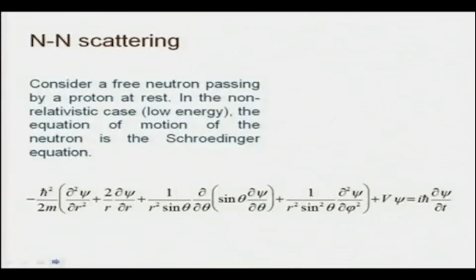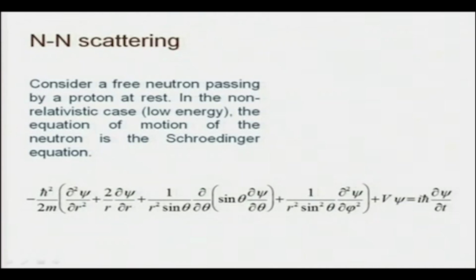So, the Schrodinger equation in spherical polar coordinates is what we have written down here. It has the psi, which is basically the wave function that represents the nucleon, and it is in general a function of all the three spherical polar coordinates r, theta and phi.